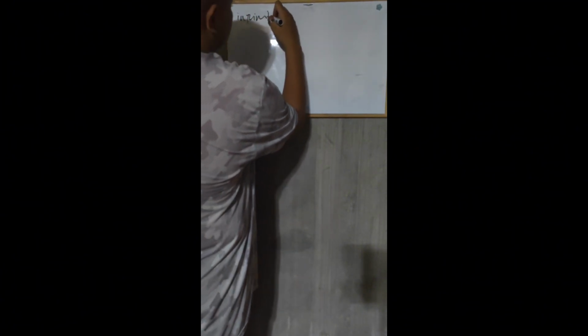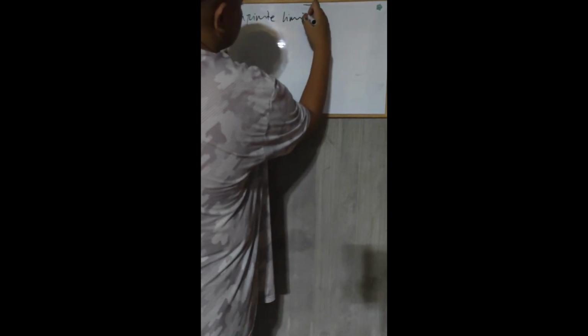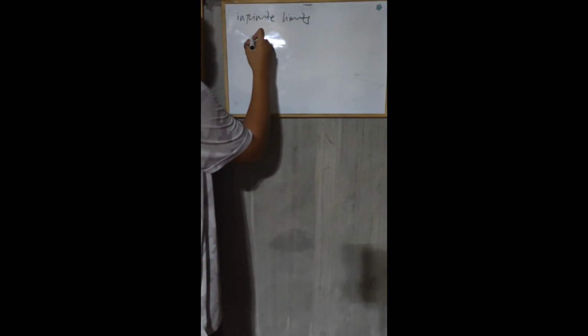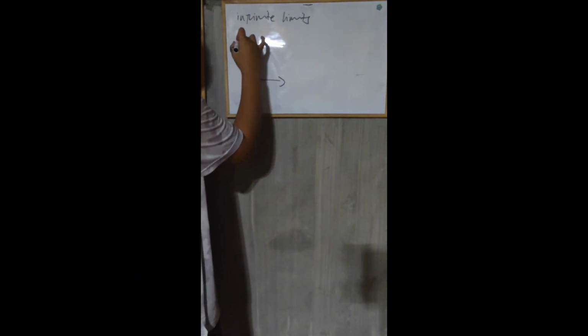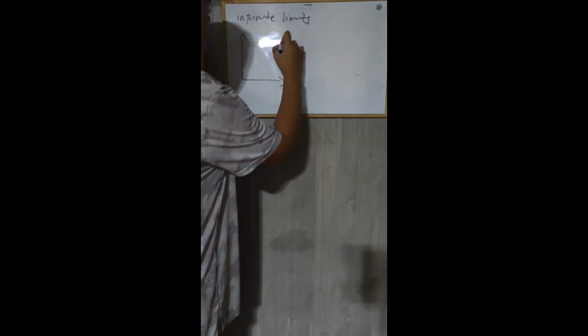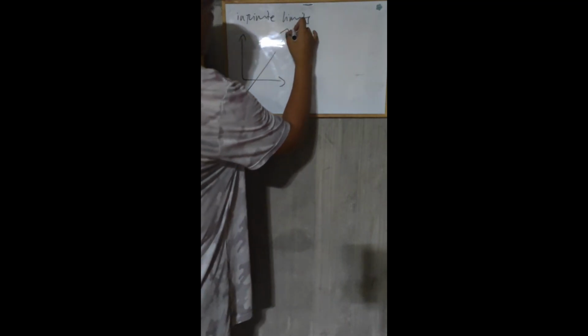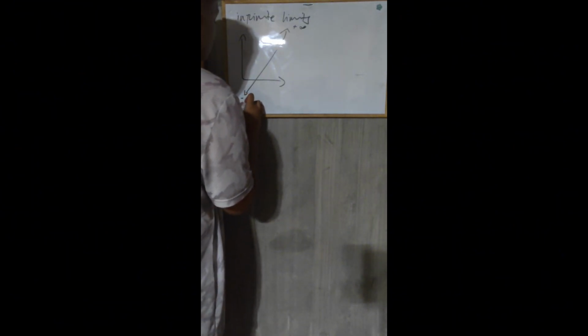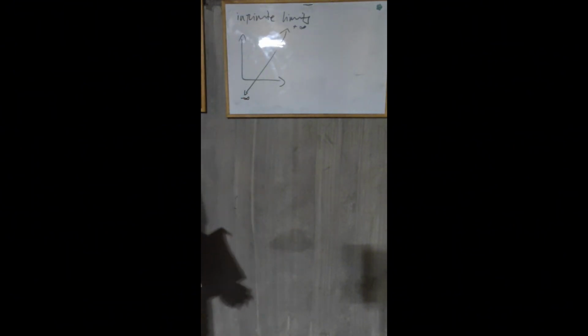Now, let's move on to infinite limits. What are they exactly? Same first quadrant. Again, you see a line something like this, and it goes all the way up to positive infinity, and this goes all the way to negative infinity.